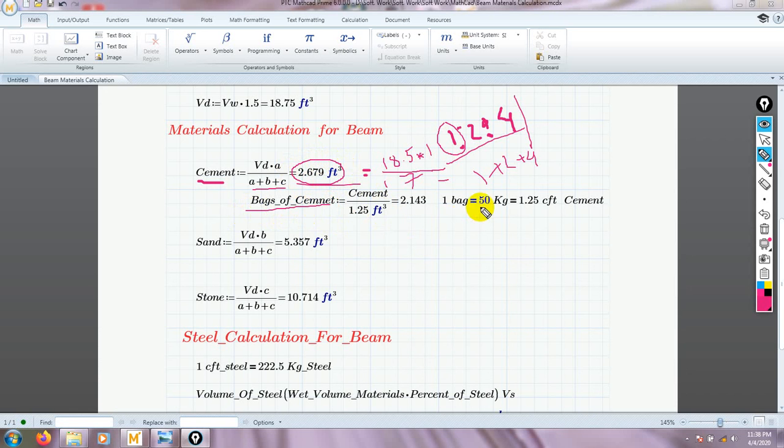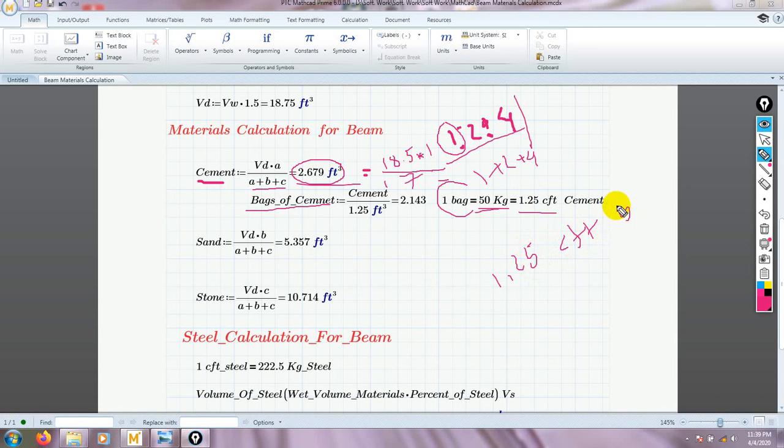In our country, the weight of one bag of cement is 50 kg, and we know that the unit weight of cement is 1.25 CFT.